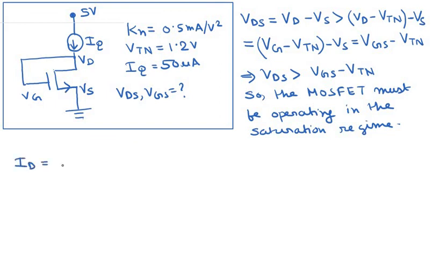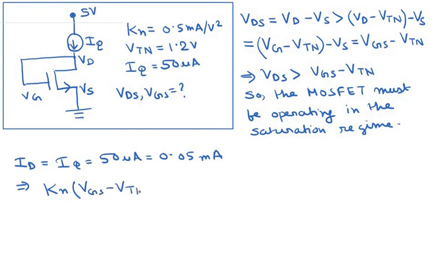IQ is equal to the drain current, so this is equal to 50 microamperes, which is equal to 0.05 milliamperes. And the drain current is equal to the conduction parameter times (VGS minus Vtn) whole square. This is equal to 0.05 milliampere.